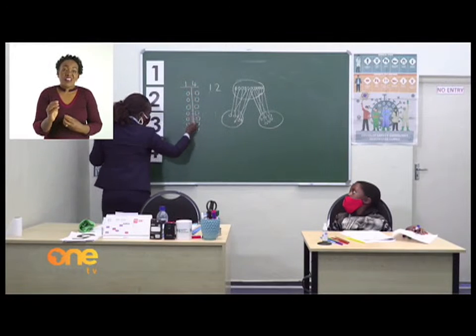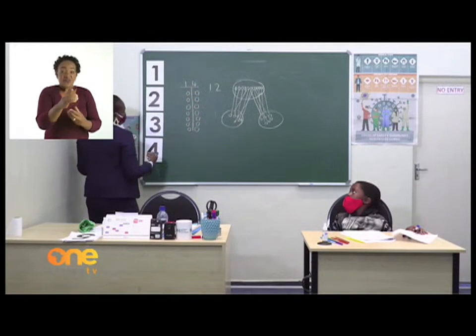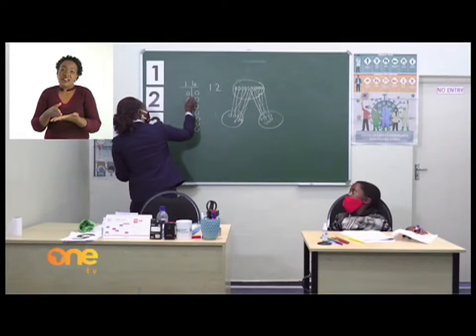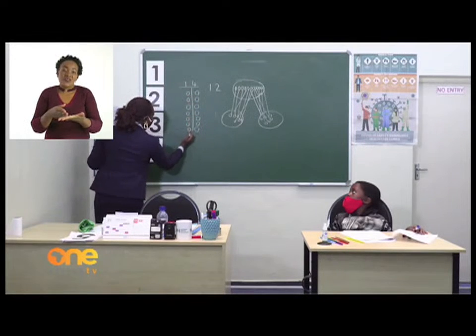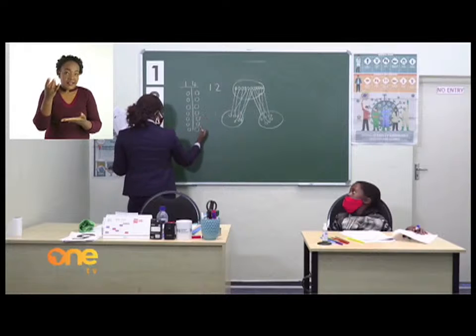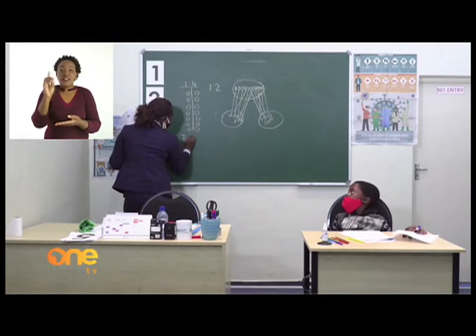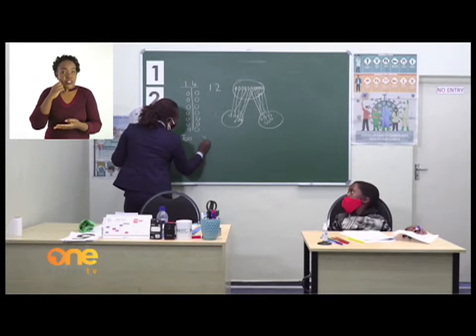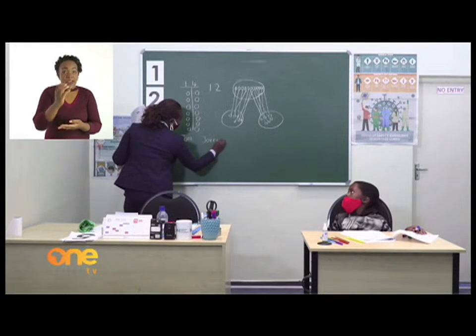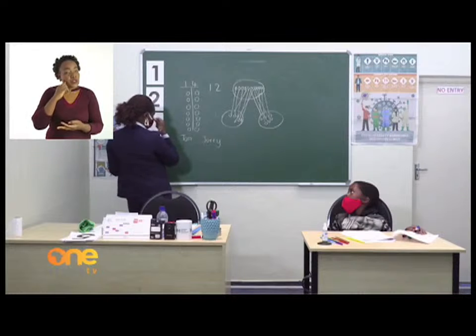This line shows halving. So in this case, we have 7 sweets this side and 7 sweets the other side. So Tom will get 7 sweets, Jerry will get 7 sweets as well.